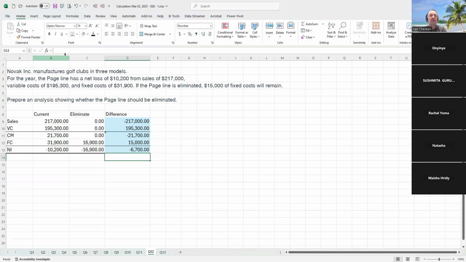Should I eliminate this division? I think so. Again, if I eliminate it, am I losing or saving?